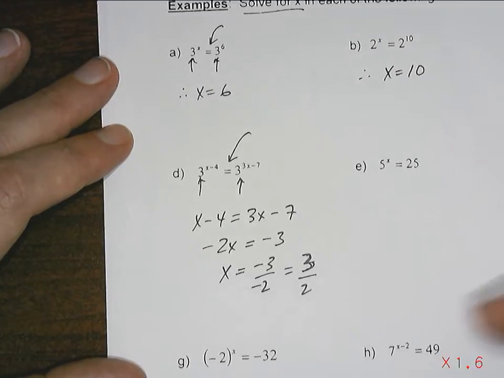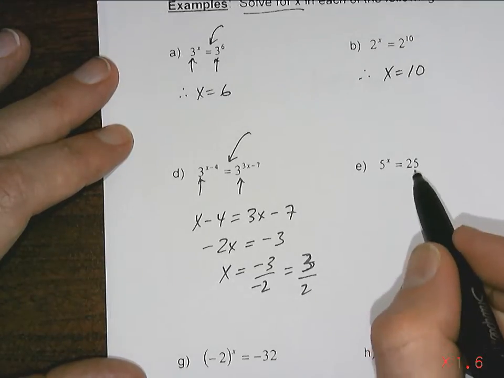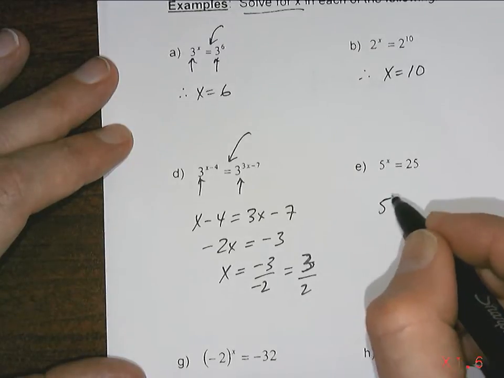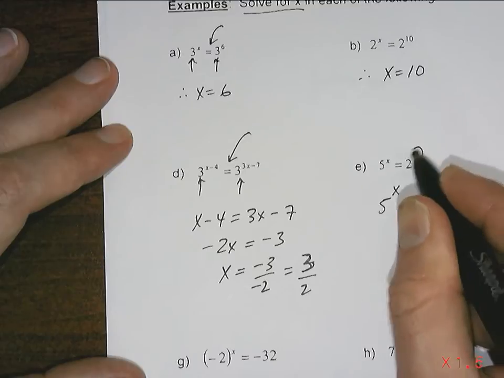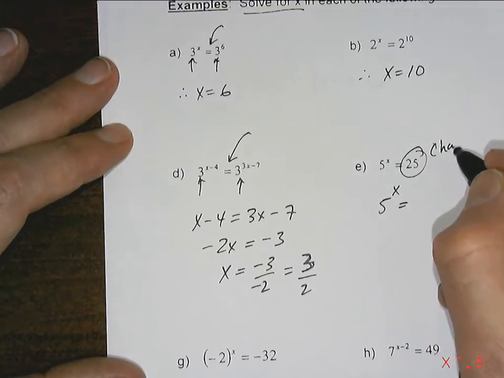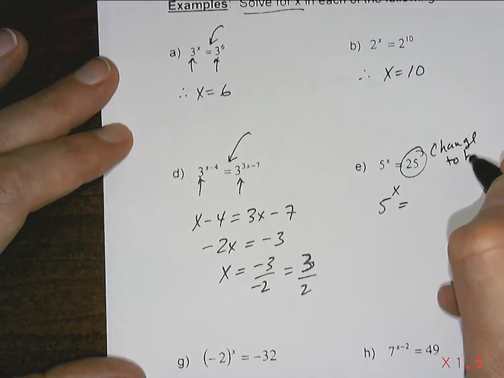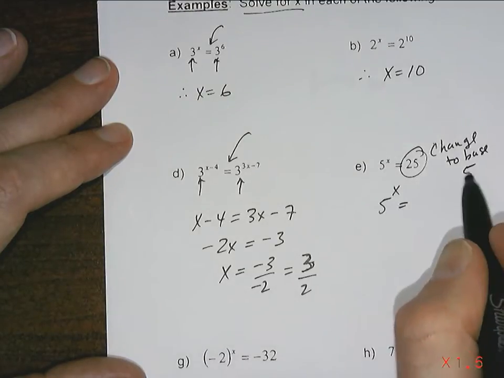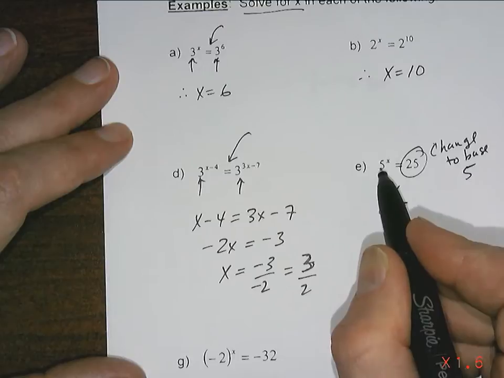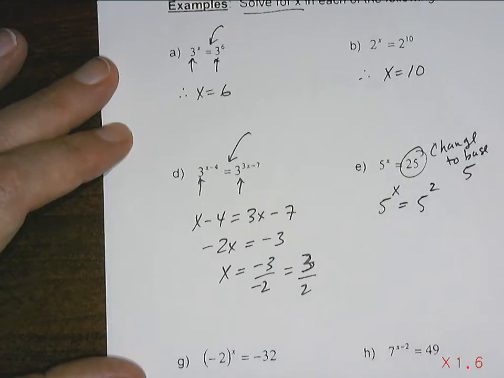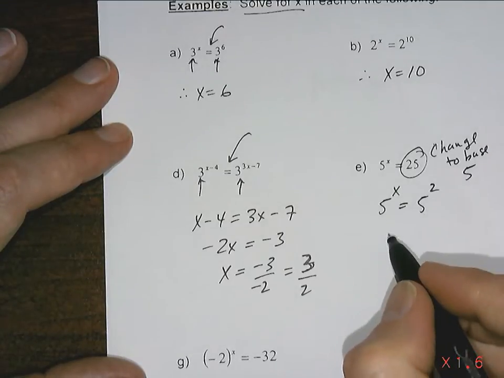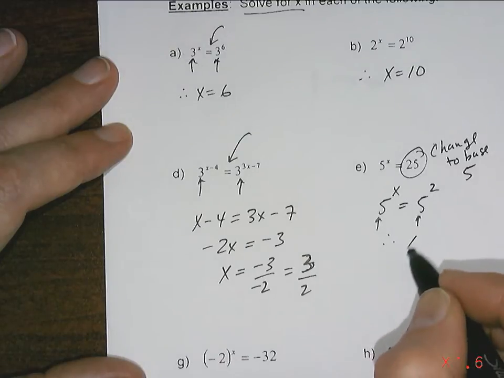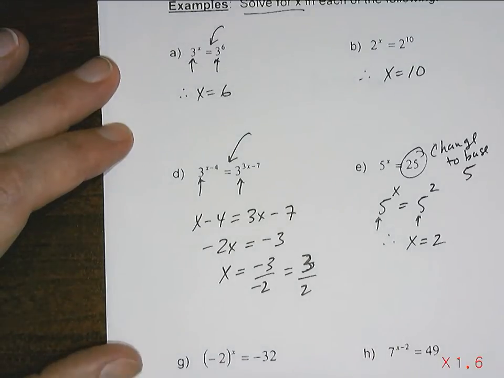This one we've done already, but notice that they haven't written this with a base. They haven't made this a nice base yet. So if it's 5 to the x, I can change the 25 to the same base that I have here, then I can use my little trick: the bases are the same, I have an equality, therefore the exponents must equal each other.